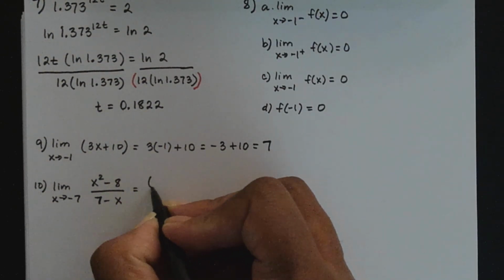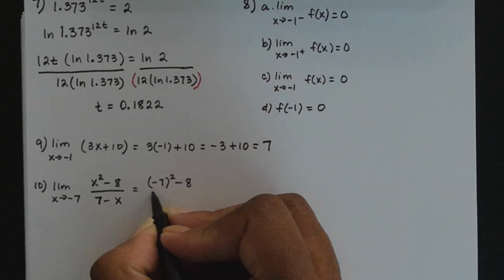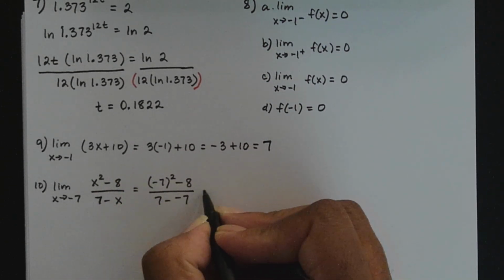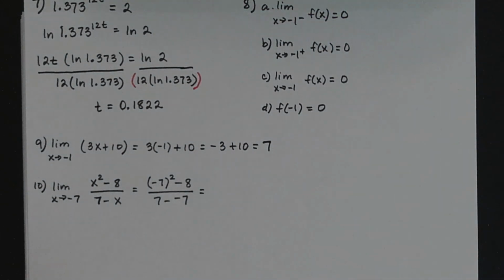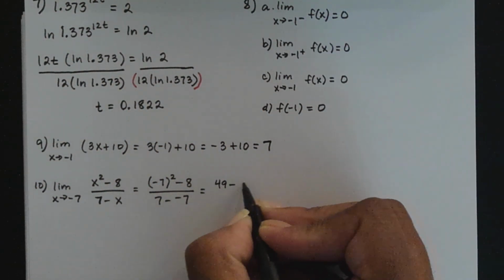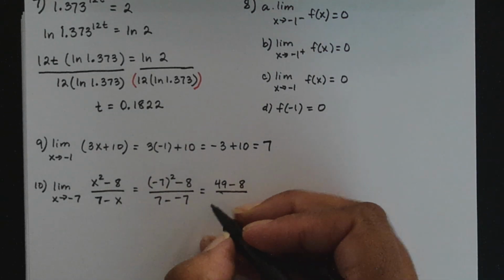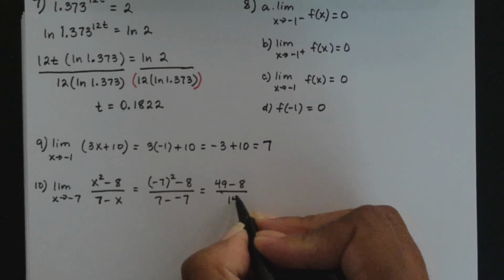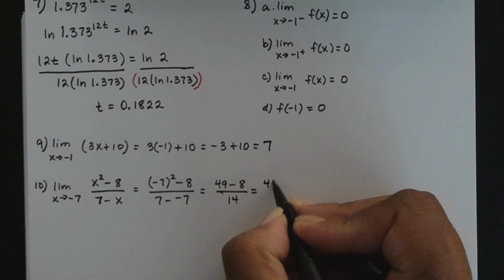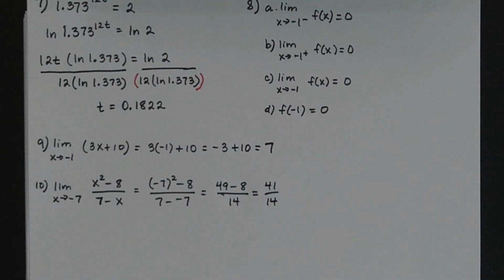So I'll go ahead and replace each x with -7, and that's squared. So -7 squared would be 49 minus 8 divided by, what's 7 minus -7? 14. 49 minus 8 would be 41, and that'd be 41 over 14.